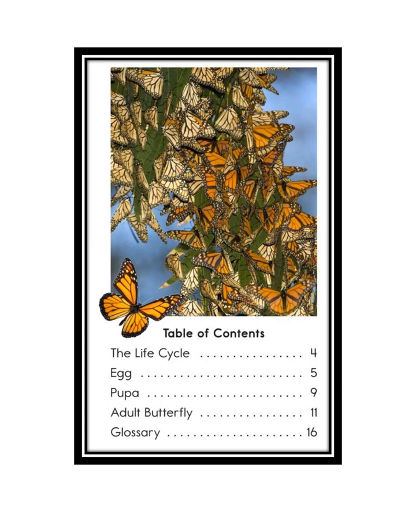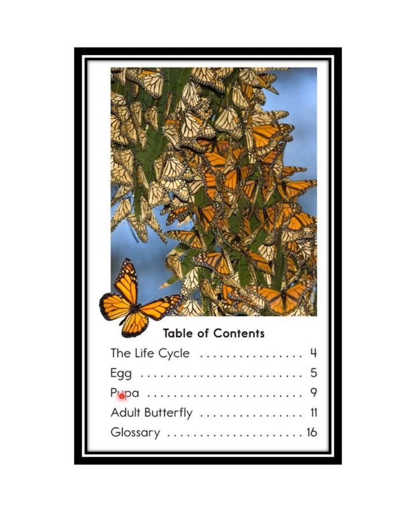Nonfiction stories have something called a table of contents. A table of contents tells you the chapters in the story. So if we look on page 4, the first chapter is the life cycle, and we're going to learn all about the life cycle of a butterfly starting on page 4.